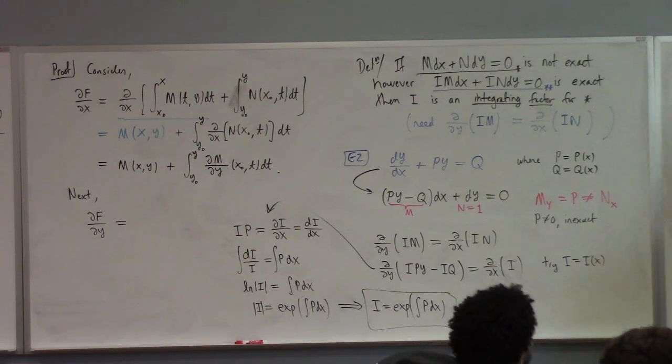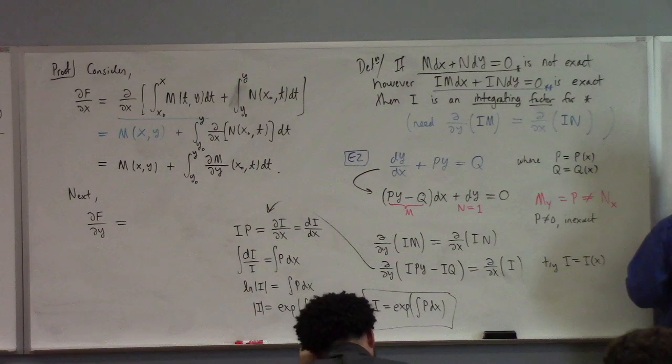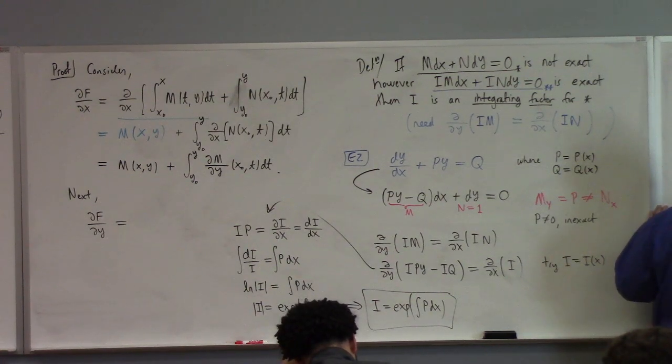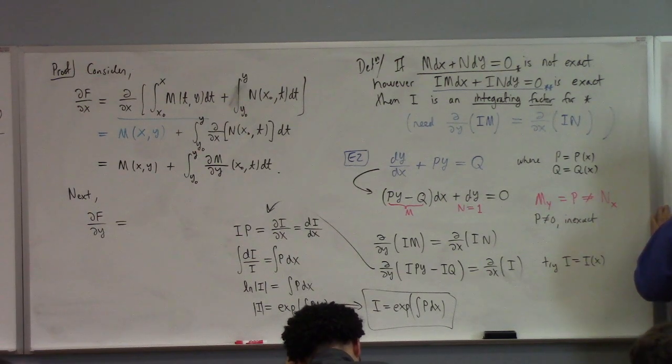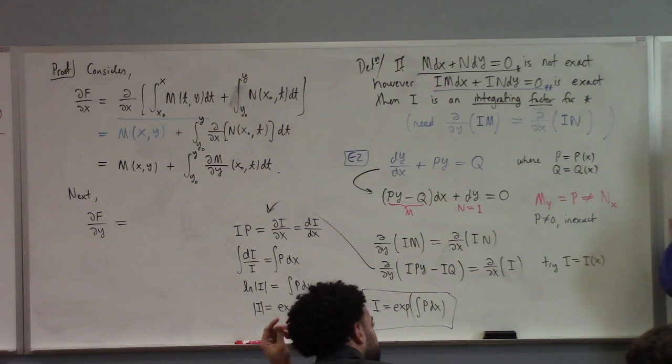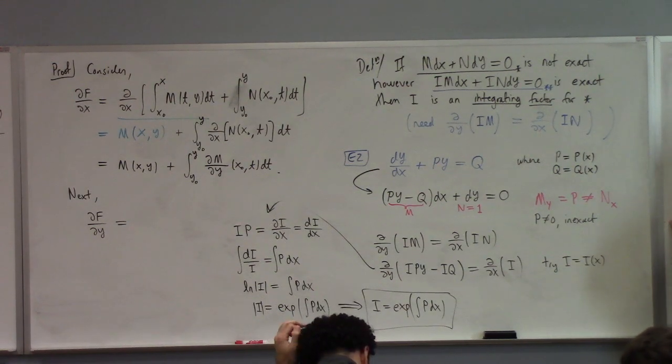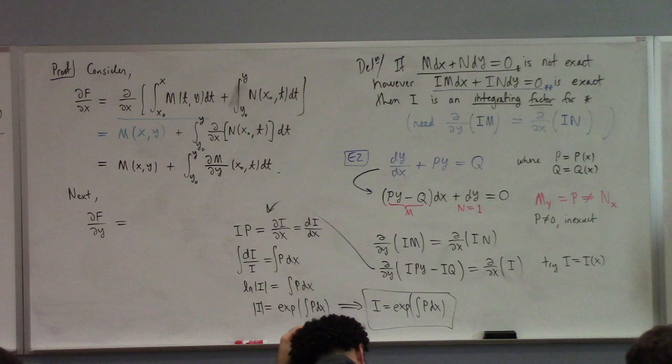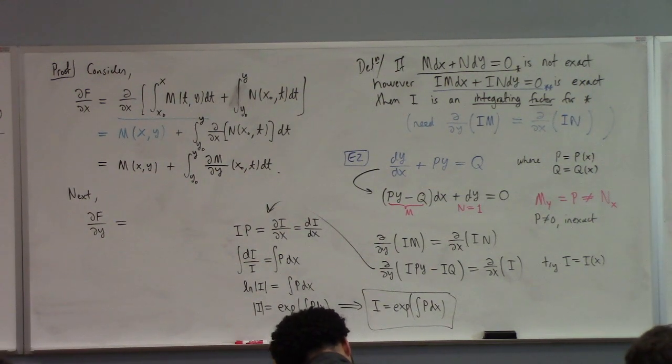What we're looking at here is 3x to the a plus 1 y to the b plus 2x to the a y to the b minus 1, that's dx, plus x to the a plus 2 y to the b minus 1 dy.